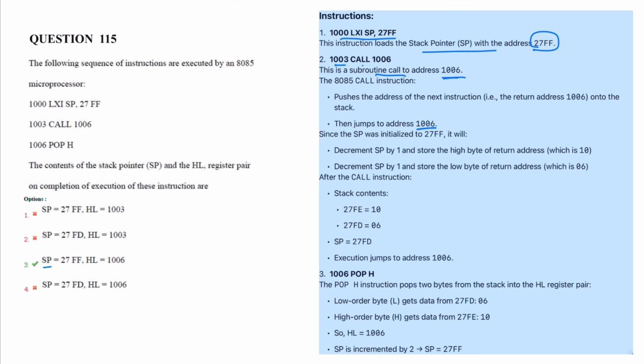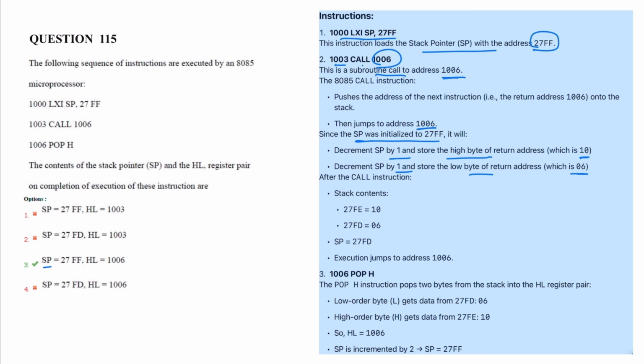Here the stack pointer is decremented by 1. Since the stack pointer is initialized at 27FF, it will decrement the stack pointer by 1 and store the high byte of the return address, that is 10. Again it decrements the stack pointer by 1 and stores the low byte, that is 06.